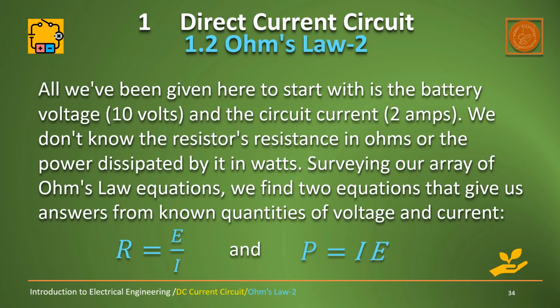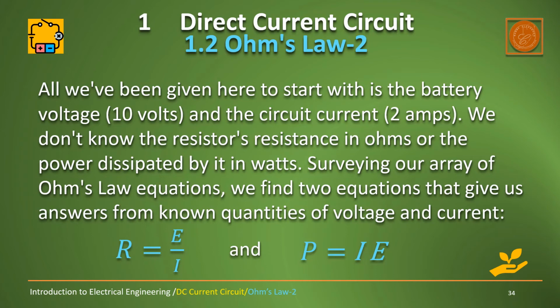All we have been given here to start with is the battery voltage, 10 volts, and the circuit current, 2 amperes. We don't know the resistor's resistance in ohms or the power dissipated by it in watts.